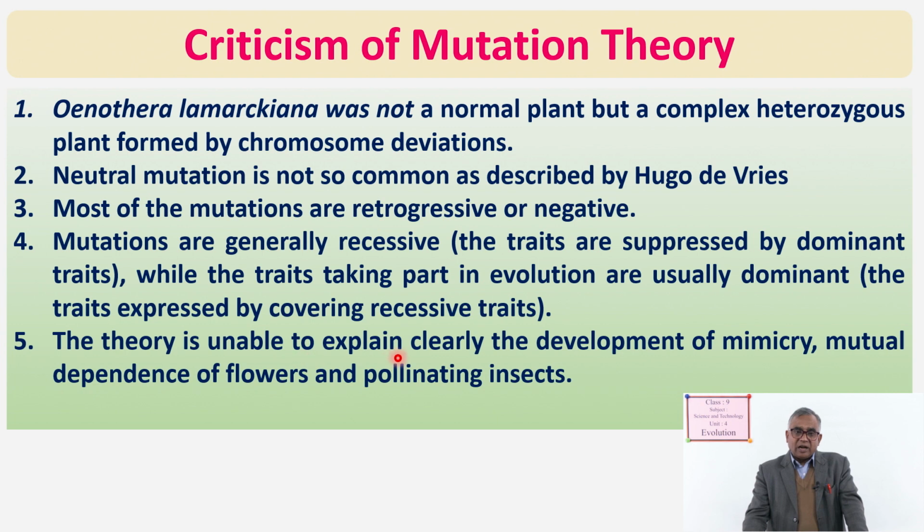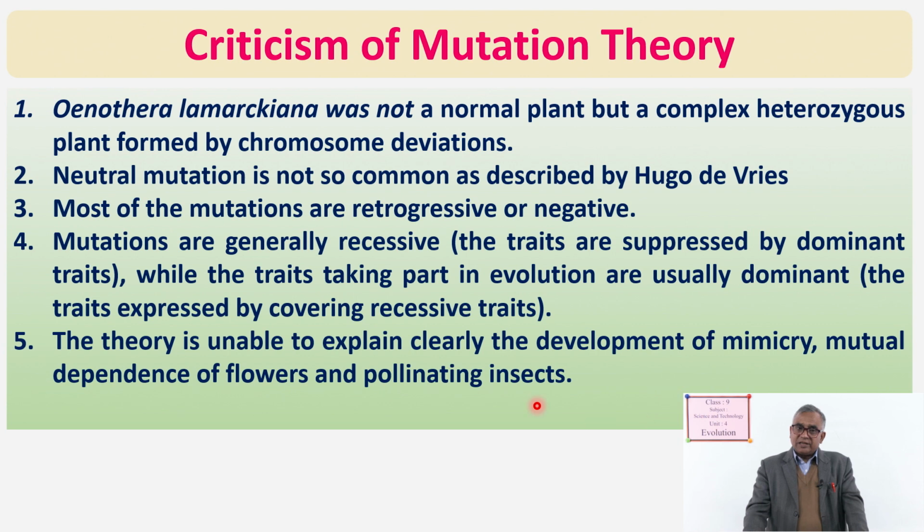The theory is unable to explain clearly the development of mimicry. Mimicry means there are some organisms which look like other organisms. They are very similar because of what? That is not because of mutation; there is another cause.